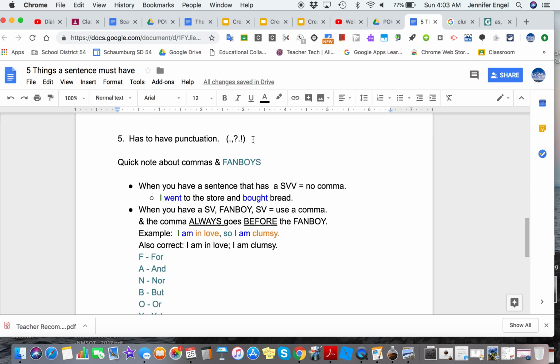Another good rule of thumb is, can you say the sentence in one breath? Or if you pause, that's probably also a good indicator where you need to put a period or a comma based on the rules that I shared with you. And does it have a fanboy? So again, if it has subject, verb, verb, you're good. It doesn't need a comma.